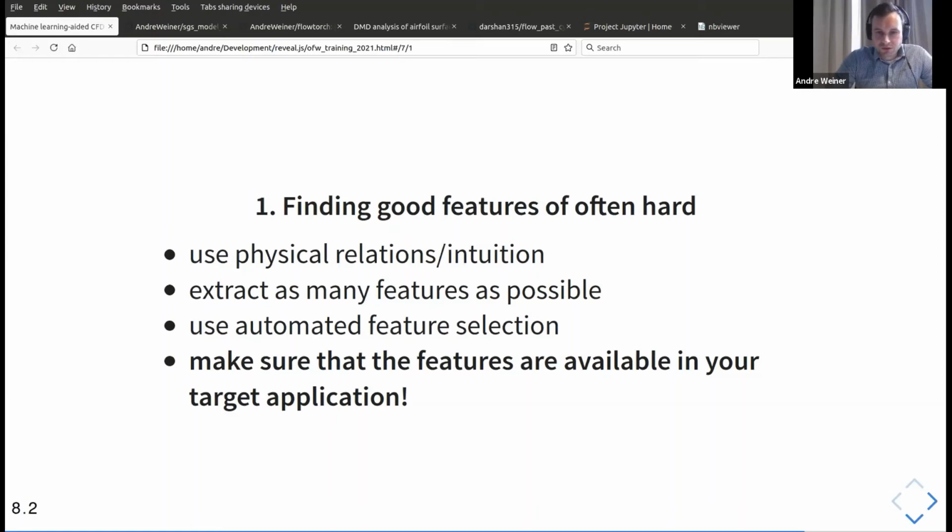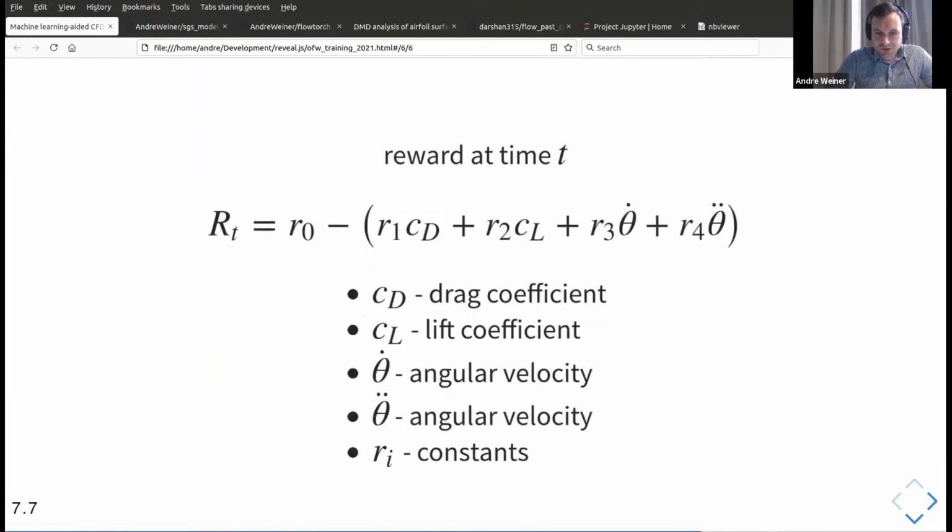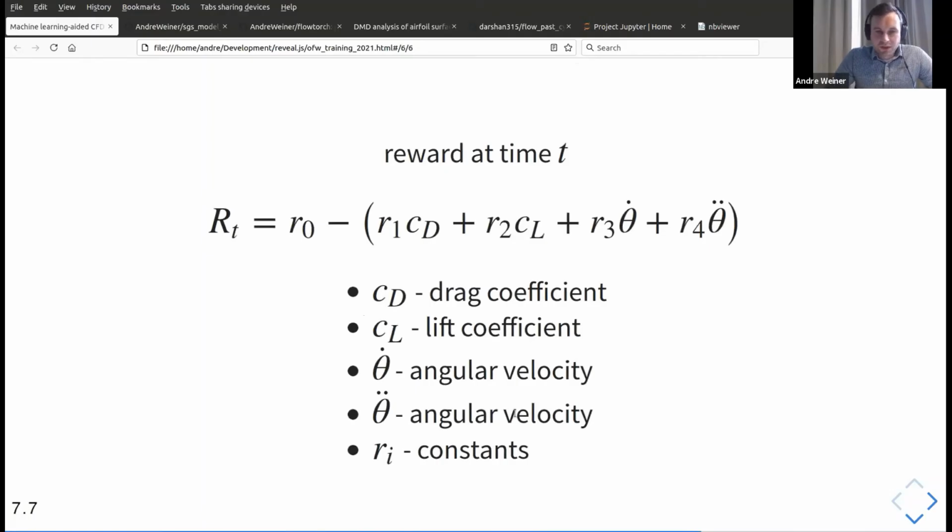So let me quickly go back to show everybody what we are talking about. The constants R1 and R2, we have just taken from literature, from other experiments. And these other terms we have just picked by eyeballing the magnitude of these terms in the simulation.